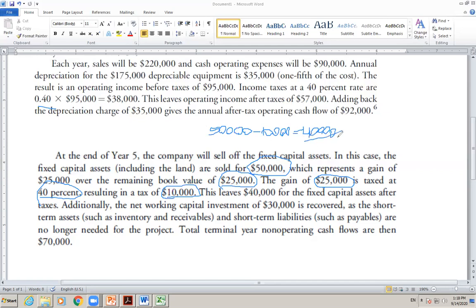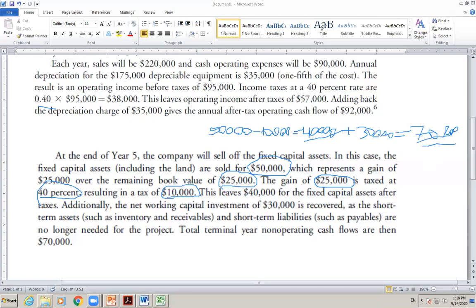And apart from that, there's a net working capital investment of 30,000, which is recovered in the short-term assets. So it's going to be added back. We're going to add this net working capital 30,000 back in the terminal year, which is 70,000. Okay, you got 70,000 in total. This is how it works.